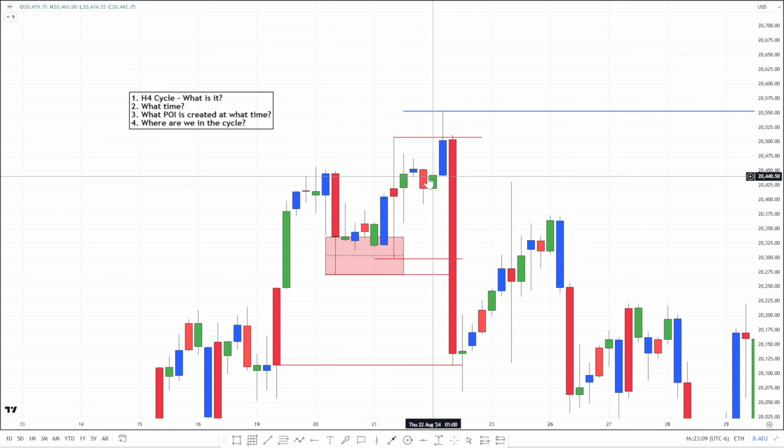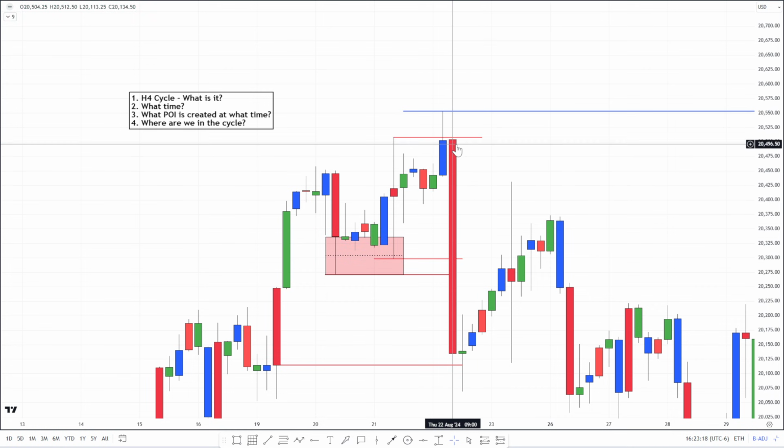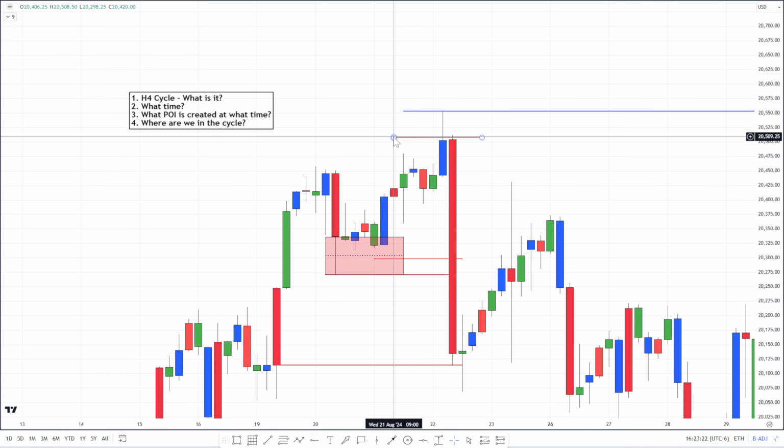We get price that continues to slowly make its way up. We run the high. We don't close above it. We get another 9 a.m. candle that runs the high that's holding the range or holding the cycle.